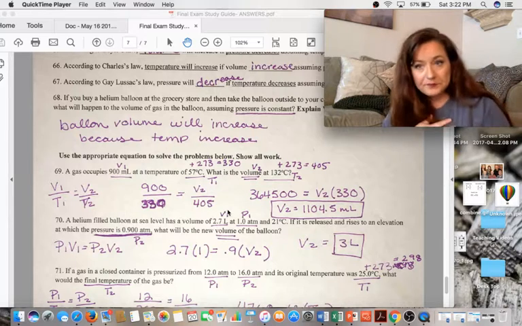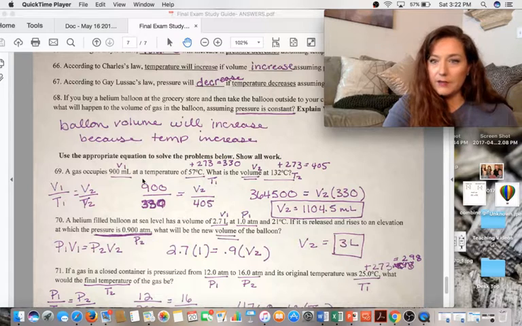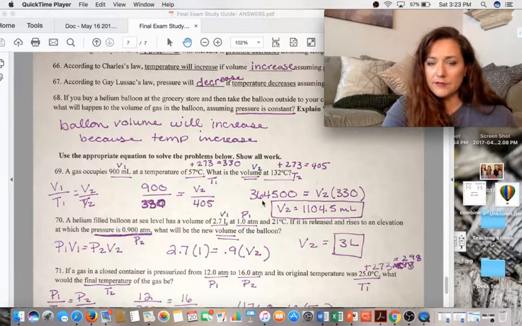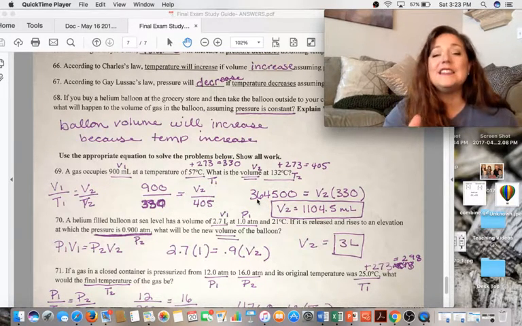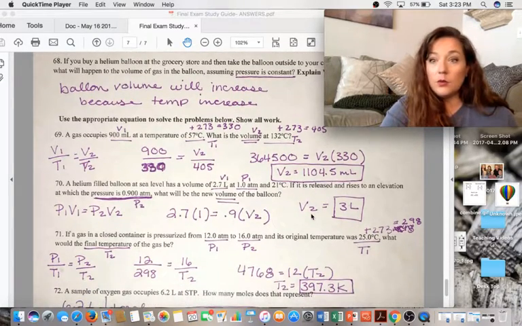How I did this in my class is the crisscross, the Chinese star, whatever it was called in your math class, where I took 900 times 405, giving me 364,500 equals V2 times 330. Then you take 364,500 and divide by the 330, giving you V2 as 1,104.5 milliliters. Whew, a lot of talking on that one.